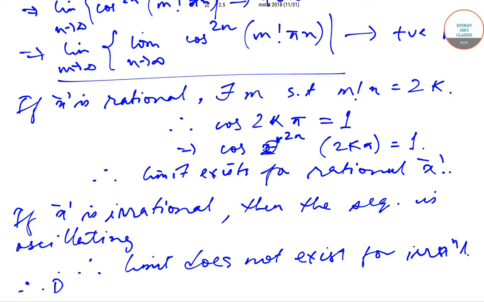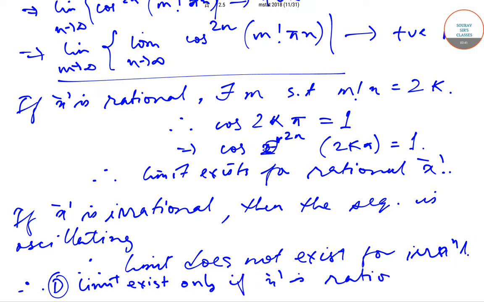Therefore option D, limit exists only if x is rational, which is the option D.